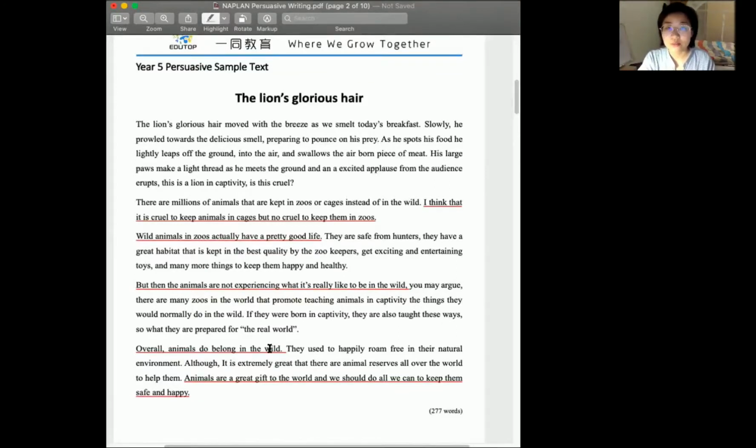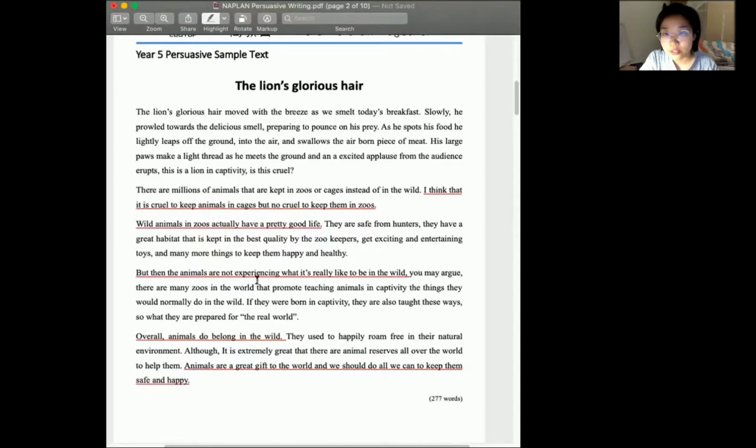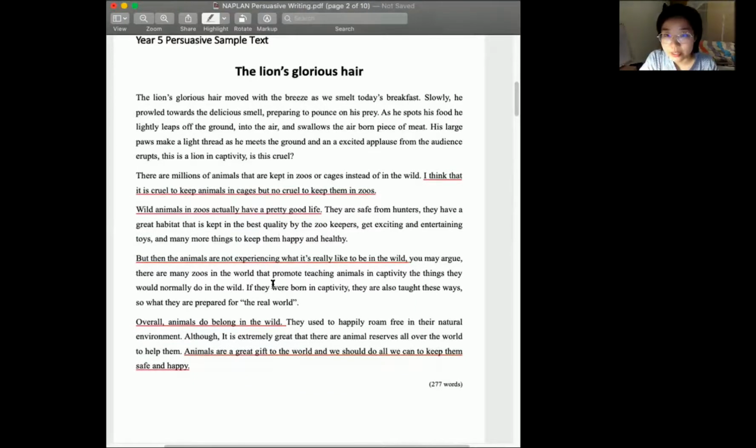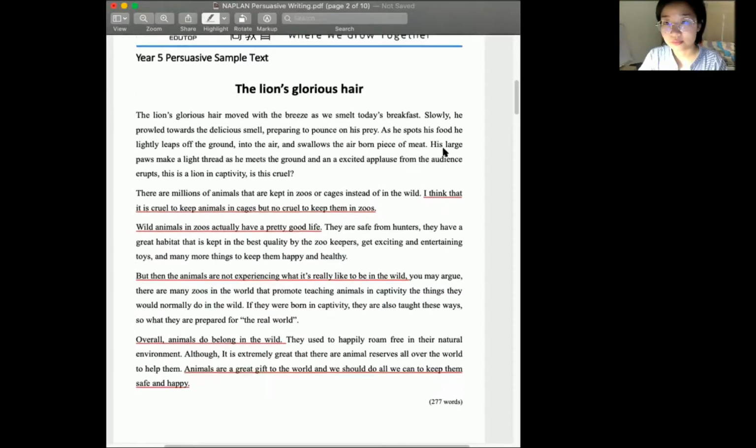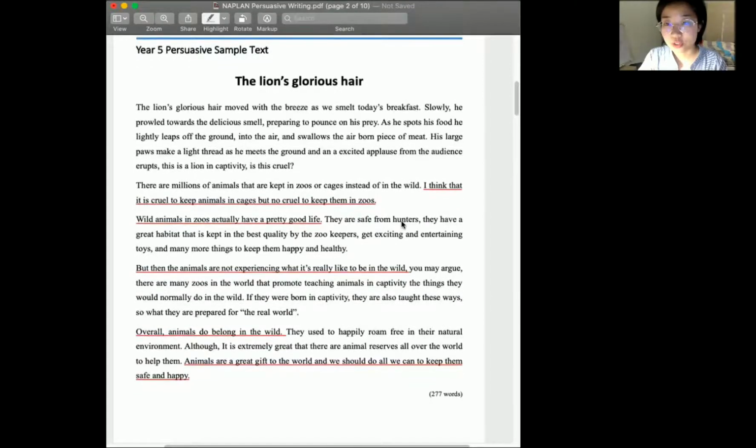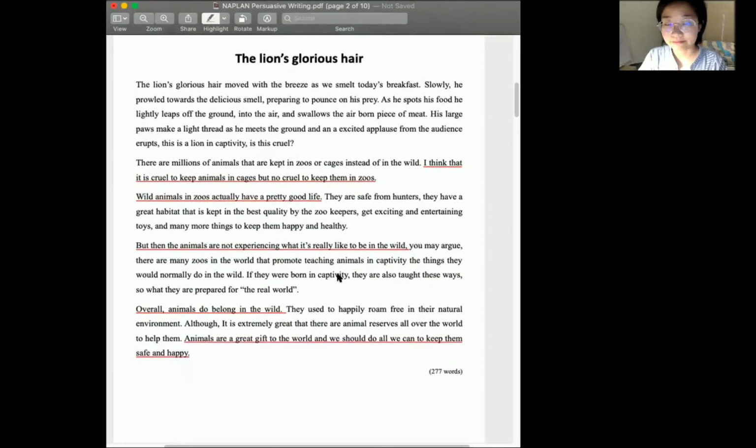But for persuasive writing, usually we use present tense. So everything here, is it in present tense? Yes, it is, right? If you pay attention to the verbs here. So that's in the present tense.